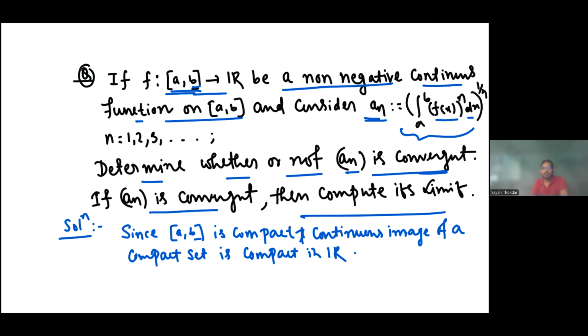So [a, b] is compact, the continuous image of a compact set is compact in R, and by the Heine-Borel theorem it is closed and bounded in R.